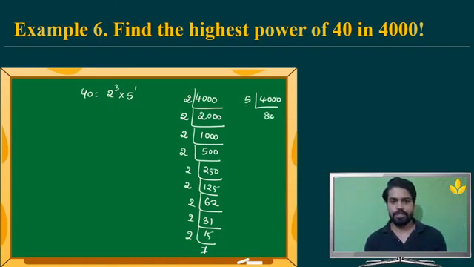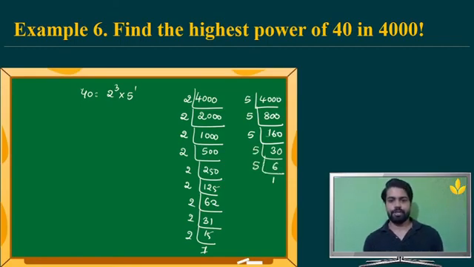5 into 800, 5 into 160, and 5 into 32, 5 3s are 15, 5 6s are 30, and 5 1s are 5. So the number of 5s, if I count, is 800 plus 160 plus 32, 997 5s are there.